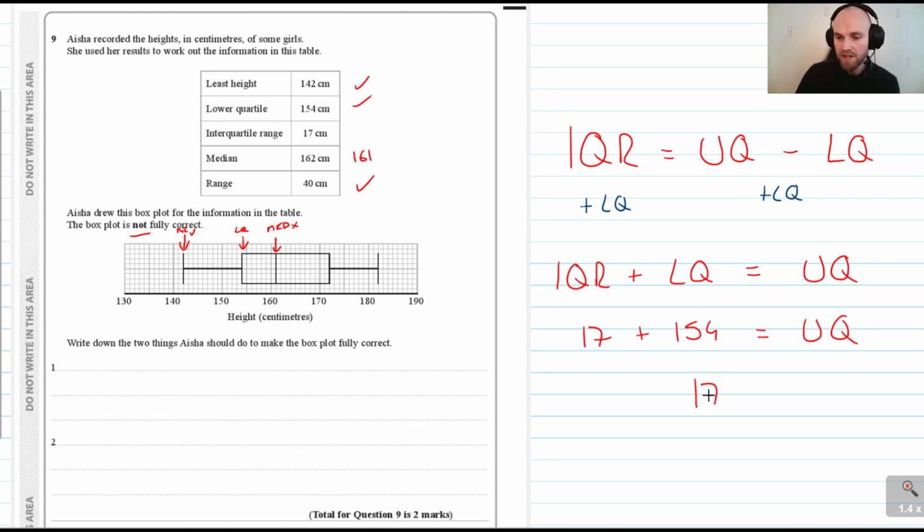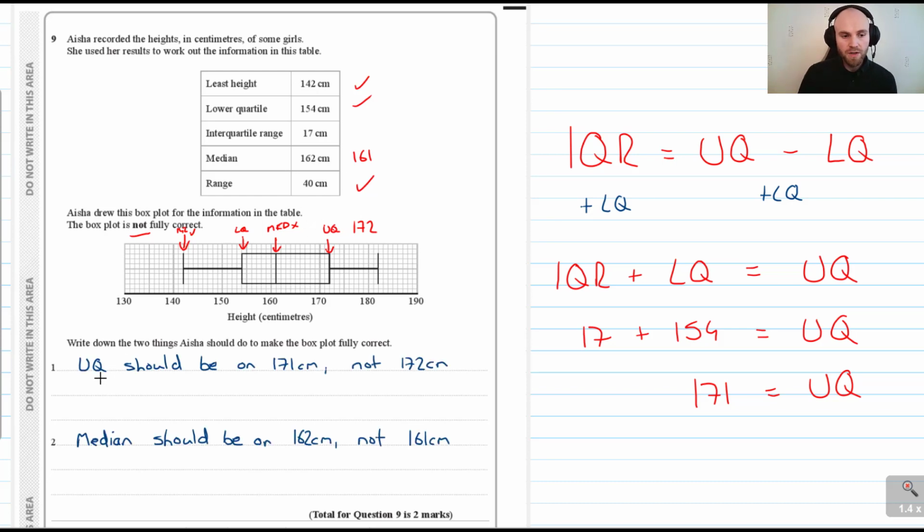So that means that the upper quartile should be 171 centimeters. But if we look here, it looks like it's on 172. So the 2 things that I'm going to write, I'm going to say the upper quartile should be on 171 centimeters, not 172 centimeters. And number 2, the median should be on 162 centimeters, not 161 centimeters.